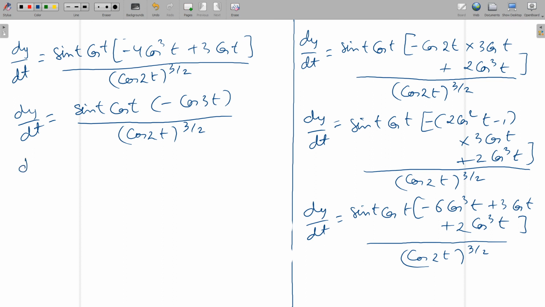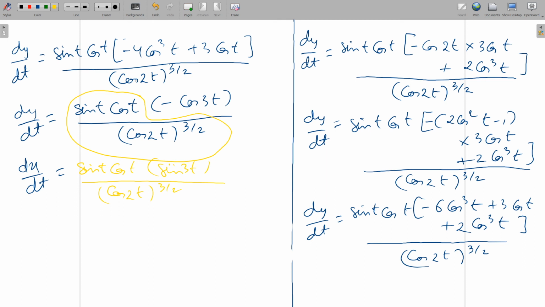Our dx by dt had the same sin t and cos t terms. Only in place of minus cos 3t there was sin 3t. So let us write down that sin t into cos t into sin 3t, whole divided by cos 2t raised to 3 by 2.